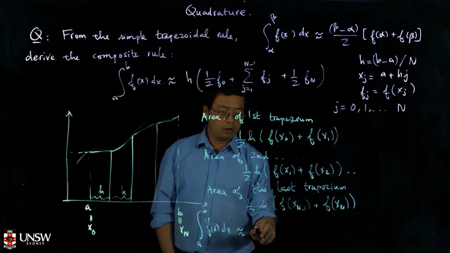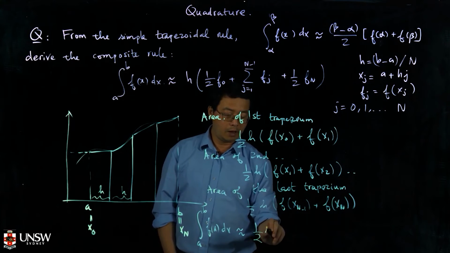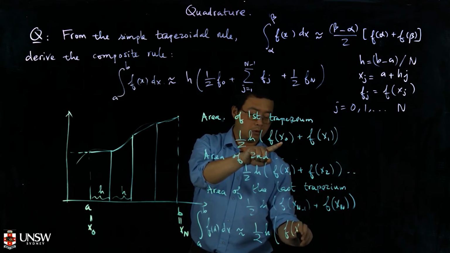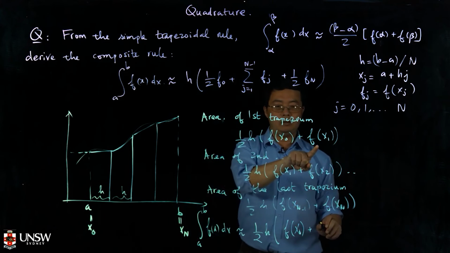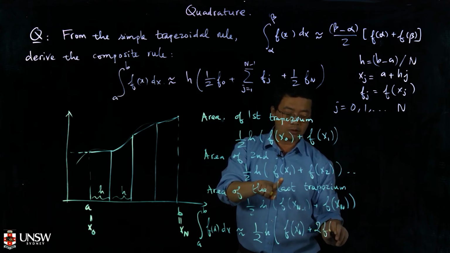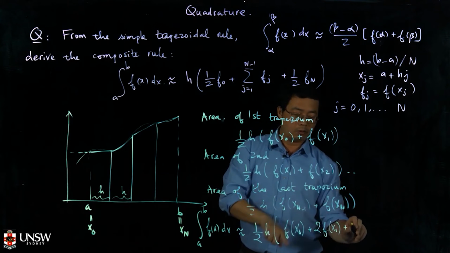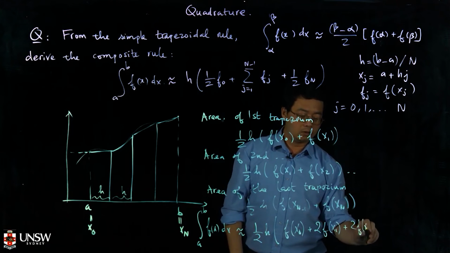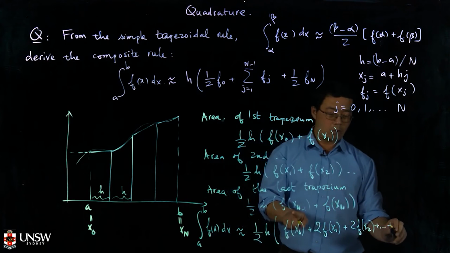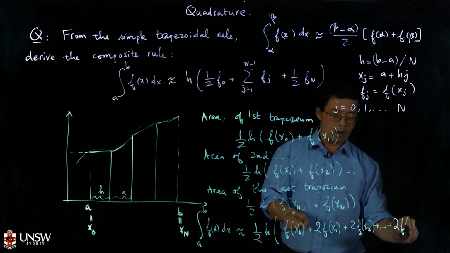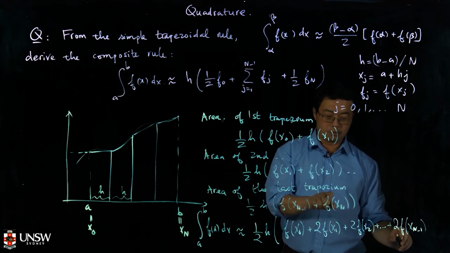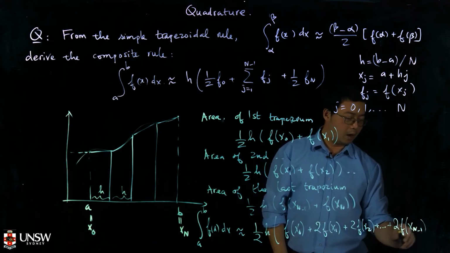So it will be 1/2 h times f(x0), plus f(x1), but then you have f(x1) here as well, so 2 f(x1), then 2 f(x2), and so on, up to the last one, 2 f(x_{n-1}), and then the last term is only one term, so plus f(x_n).